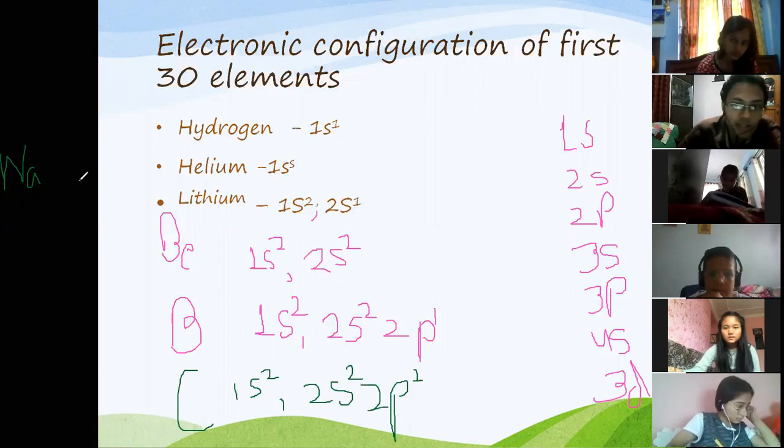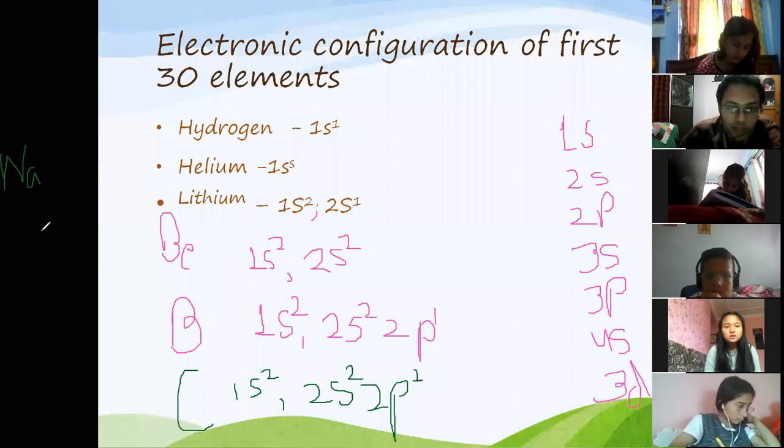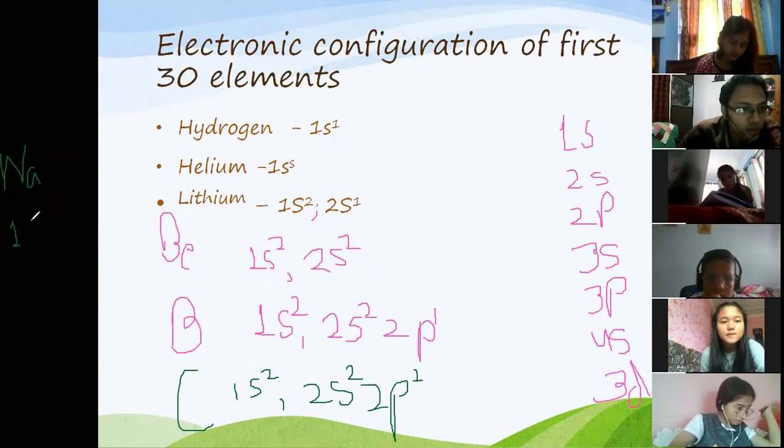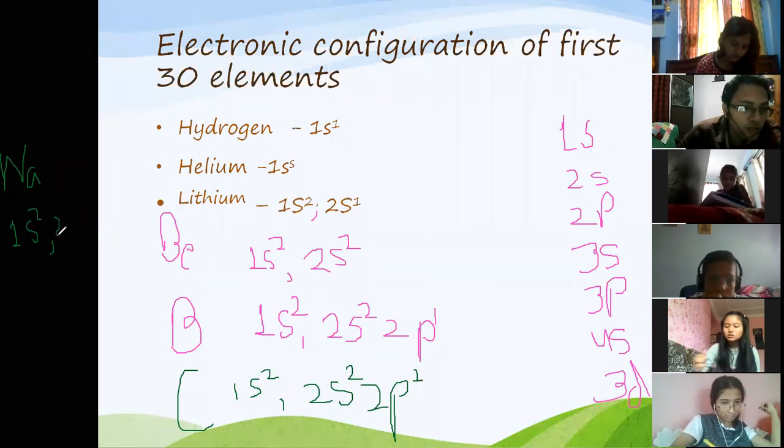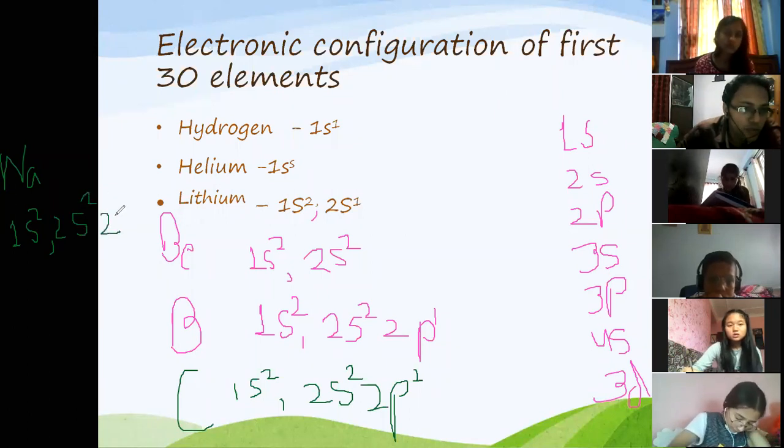So atomic number is 11, right? Atomic number is 11, so that means there are 11 electrons. Now let's follow. First orbital to fill is 1s, which takes 2. 1s2, comma. Then comes 2s. 2s2. Then comes 2p6.